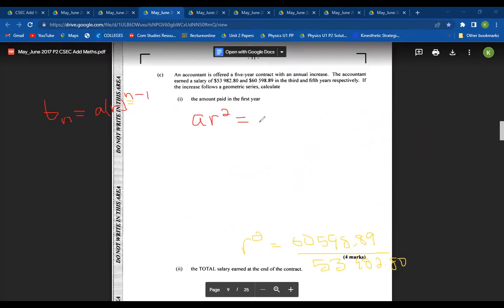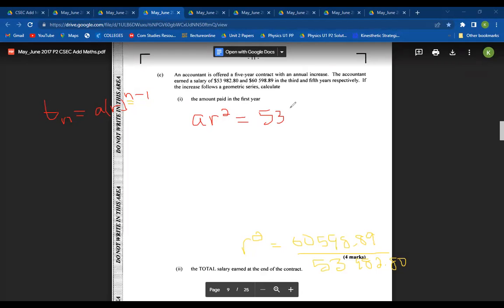Then 0.04. Correct? Wait, repeat. It should be 48089 point 0.04414. Yeah, 0.04.